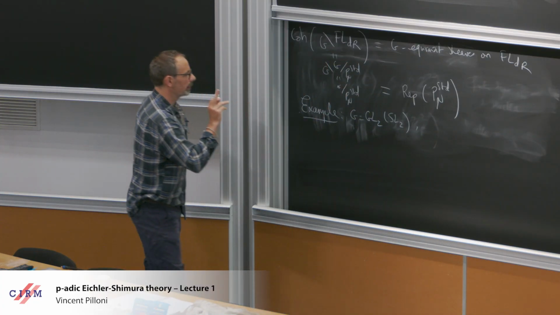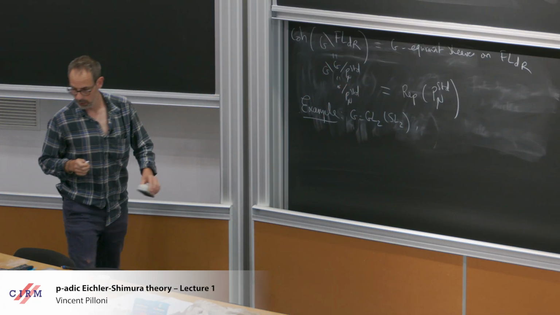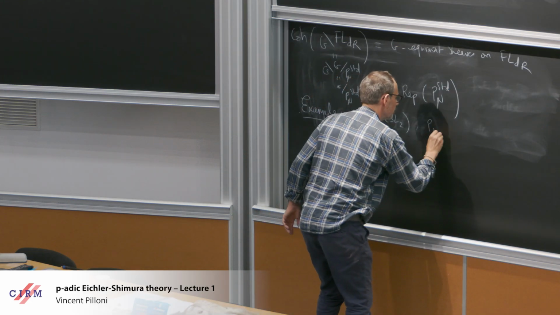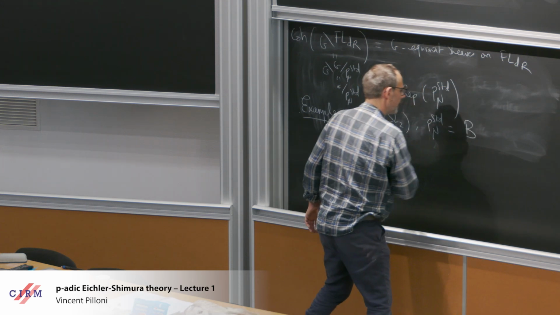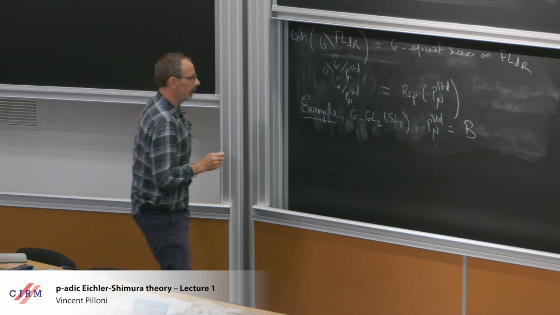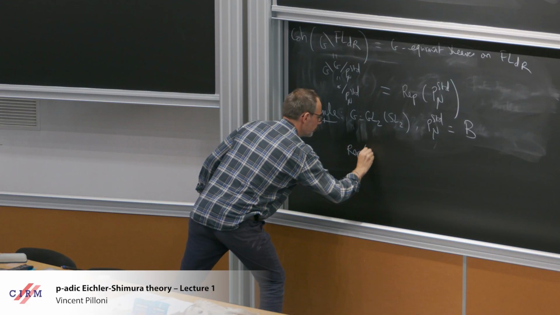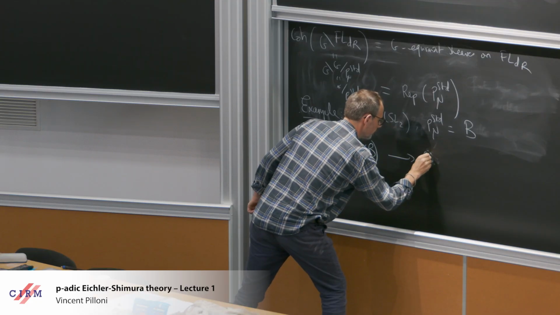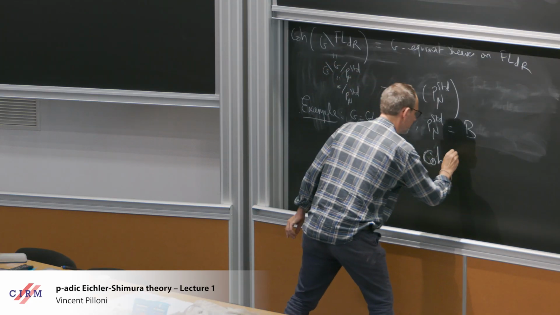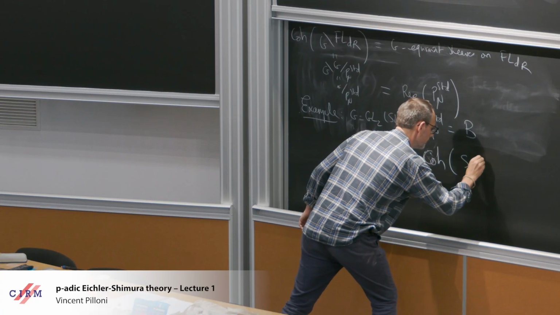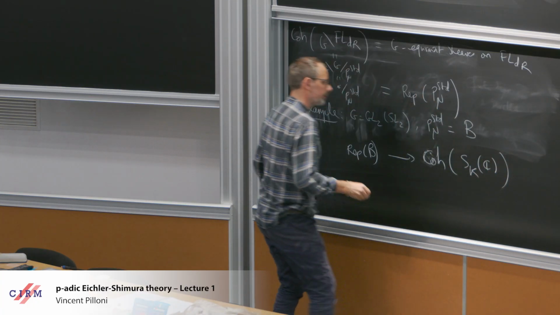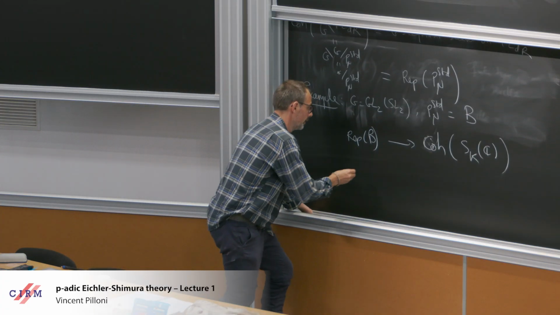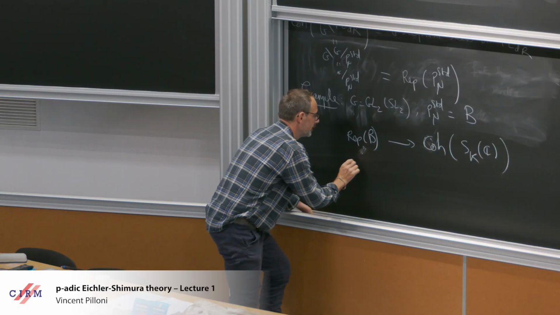So using this dictionary, in that case P_mu standard is really just the Borel B. And you have a functor from representations of the Borel, finite dimensional representations, to coherent sheaves, or even vector bundles, on this Shimura variety. Inside the representations of the Borel, you have the representations of the torus.